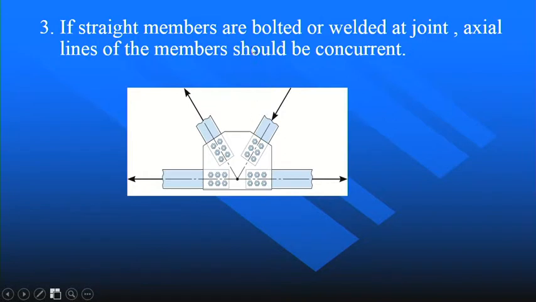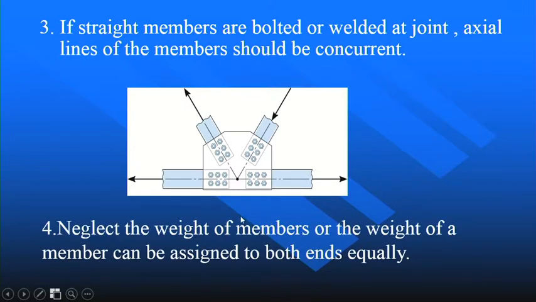If straight members are bolted or welded at joint, actual lines of the members should be concurrent. So if the members are bolted or welded, we assume the actual lines of members are concurrent. They have the intersection at the same point.